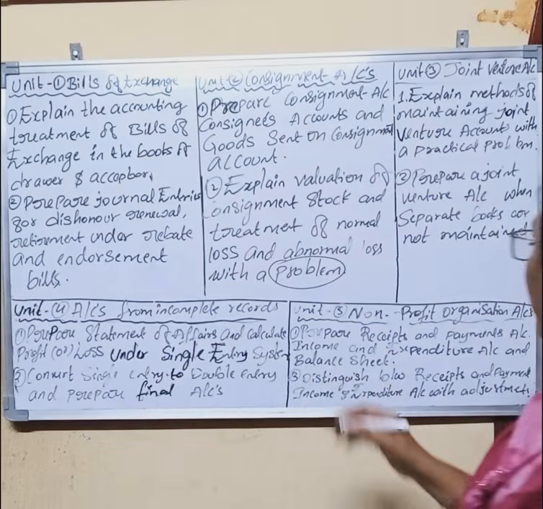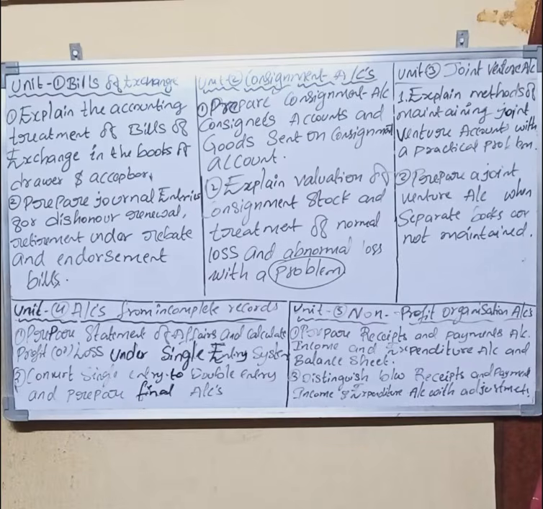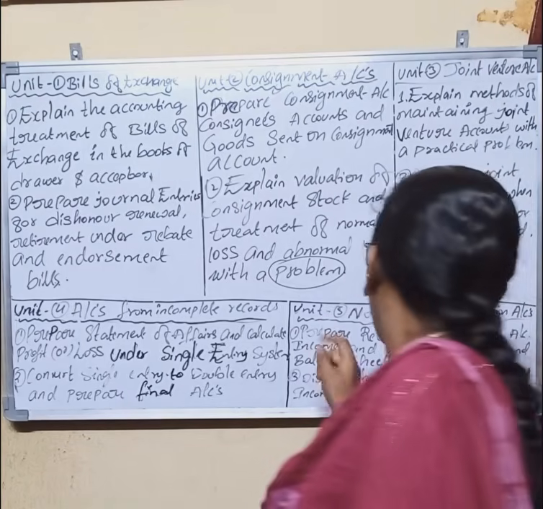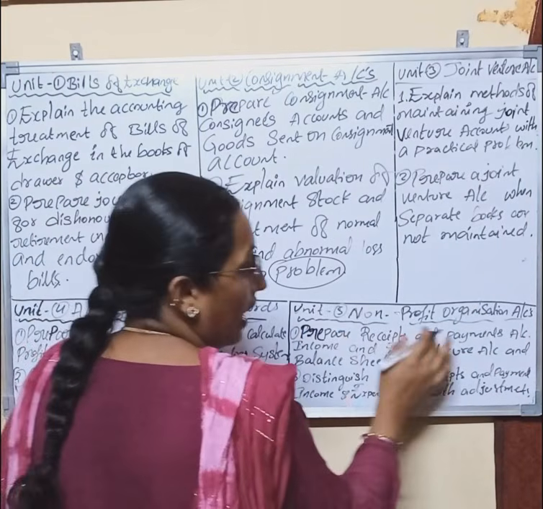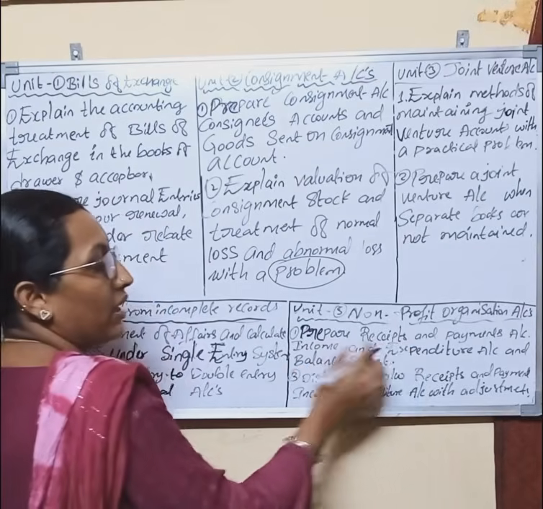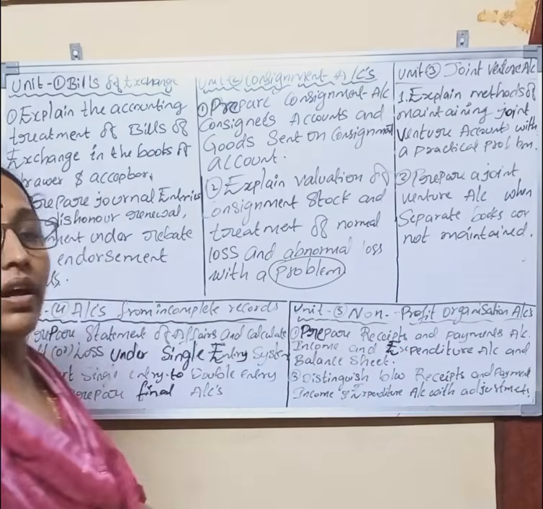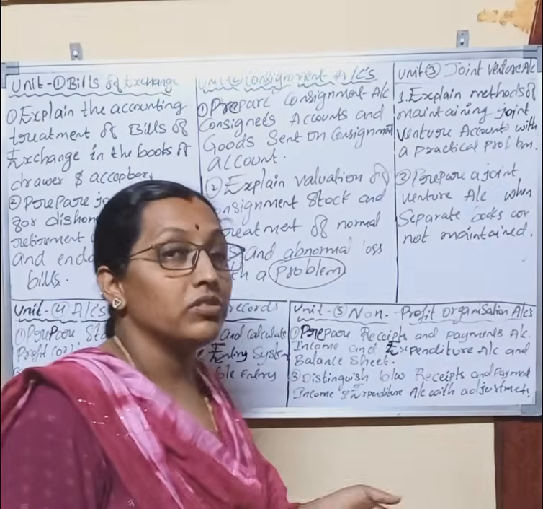Now see Unit 5. So what is Unit 5 here? Non-profit organization accounts. Here we have to prepare receipts and payments account, income and expenditure account and a balance sheet. So already you people know receipts and payments account and income and expenditure account.